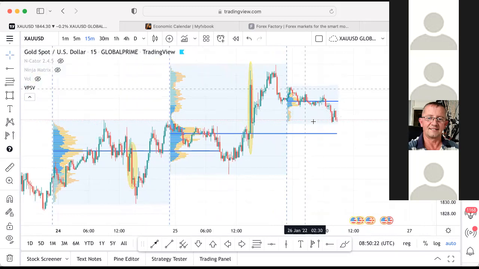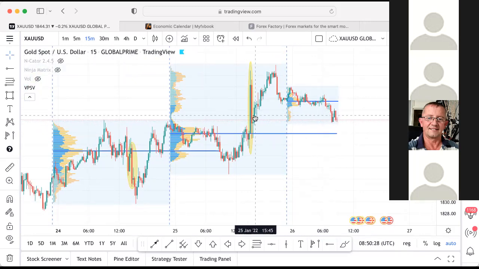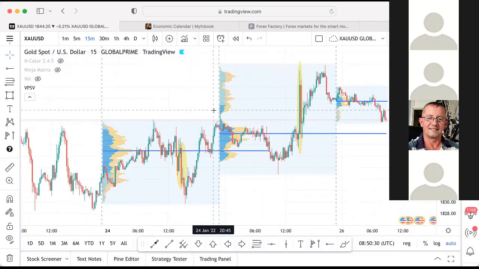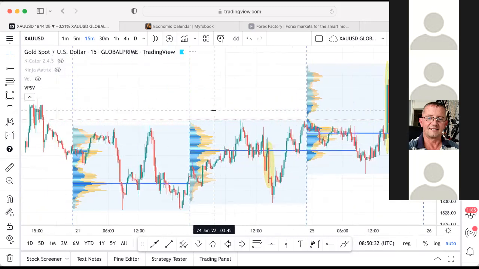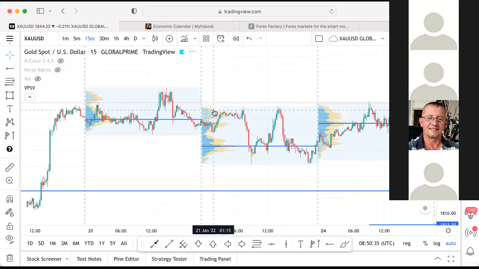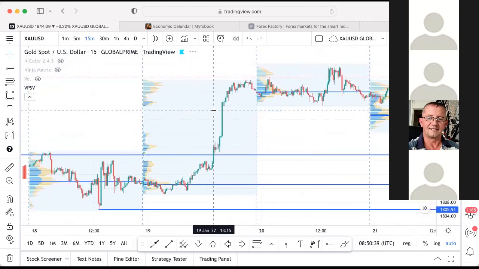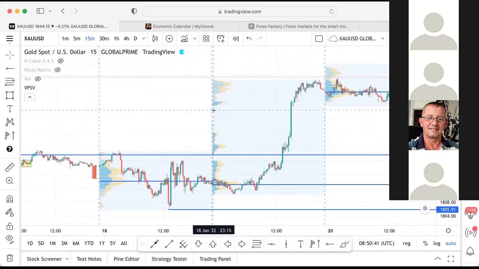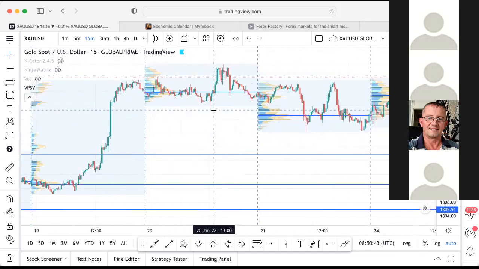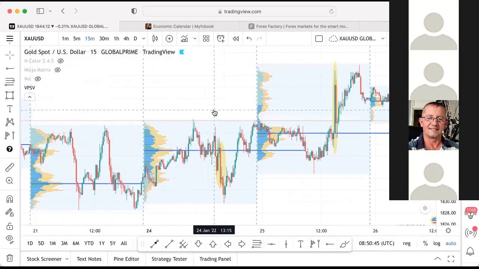So this is what we just had on previously, but you can see that it's actually set up the volume profile for, I think you can go back a couple of weeks, actually, at least a couple of weeks. So we've got a lot more information now.